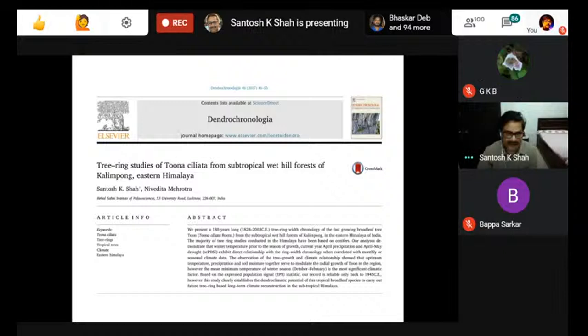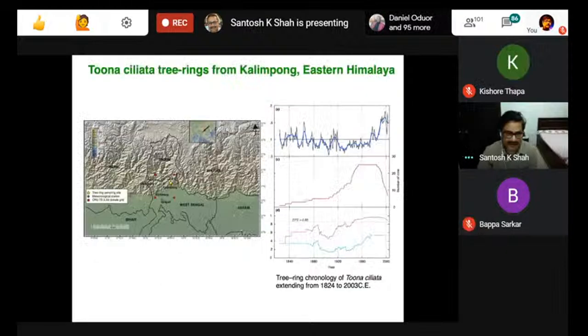Because this is from my hometown, and this is me, and this is Nivedita Mehrotra, she is my wife. So we carried out this work jointly in our hometown region, and we saw that even Toona ciliata is almost 160 years old. This is a broadleaf taxa, and this is correlated with temperature and precipitation data.